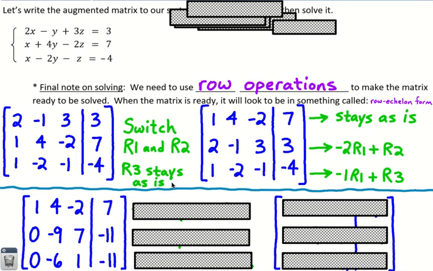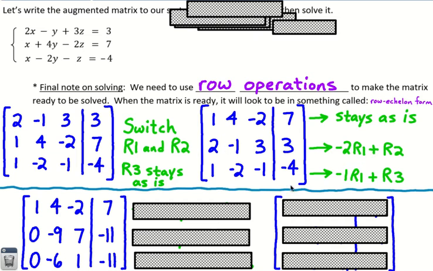Now before I move on, I'm going to follow up on why it's good for that to be a 1. Remember how I switched row 1 and row 2 in the first place just to have a 1 right here? That was extra convenient because if you're using row 1 as a tool, see how both of these row operations utilized row 1?